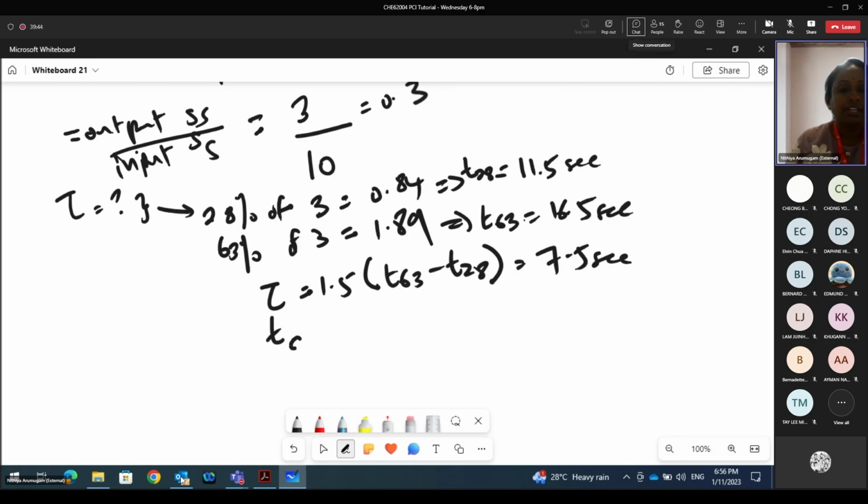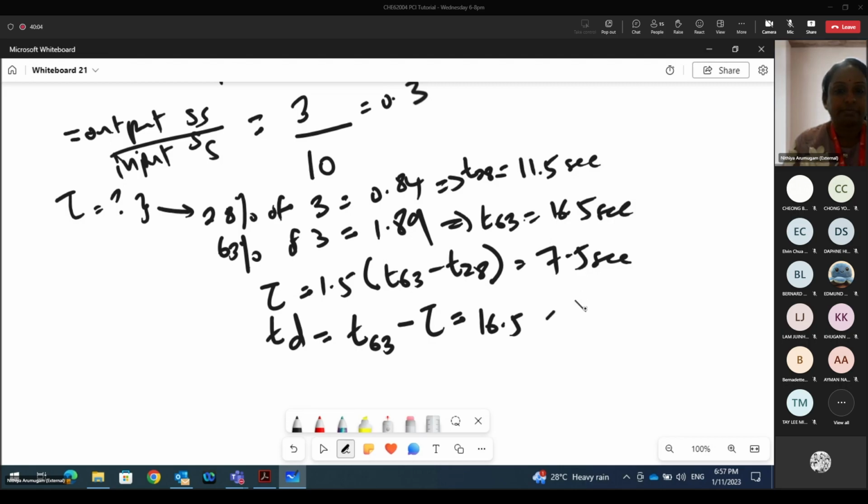So with that, we need to calculate the TD for the FODT. To calculate the TD, the T63 has to minus the tau. So 16.5, the T63, minus the tau, 7.5, so that the TD will be 9 seconds.